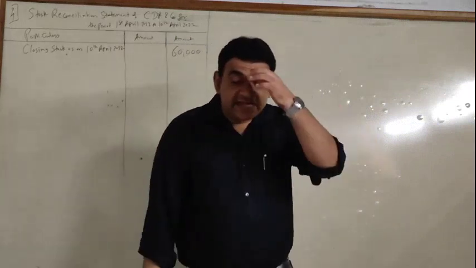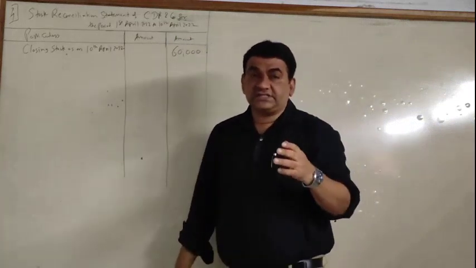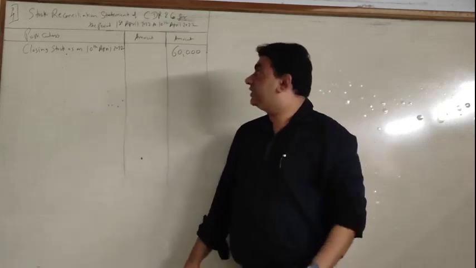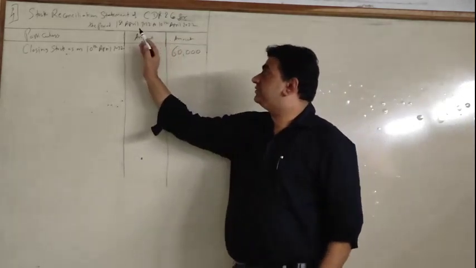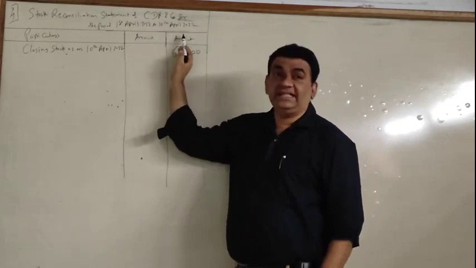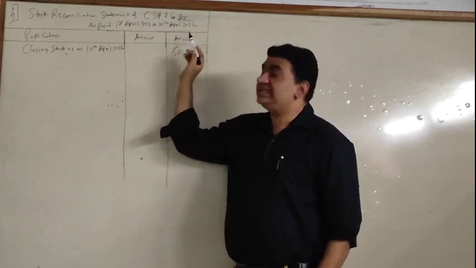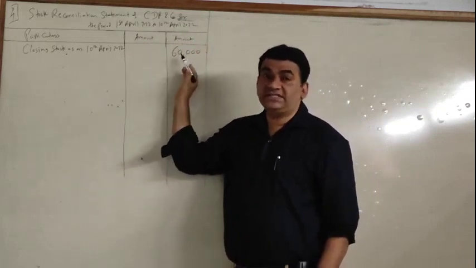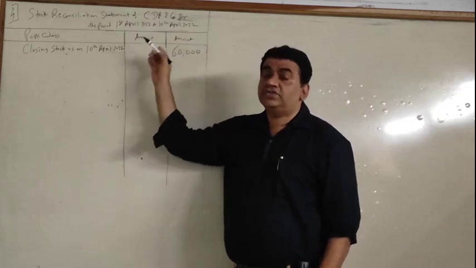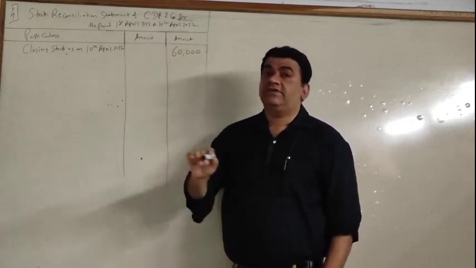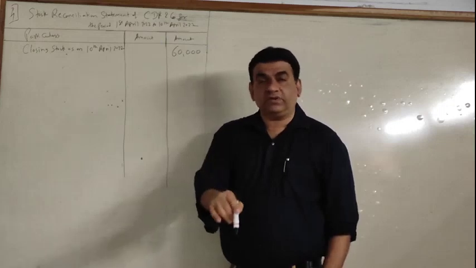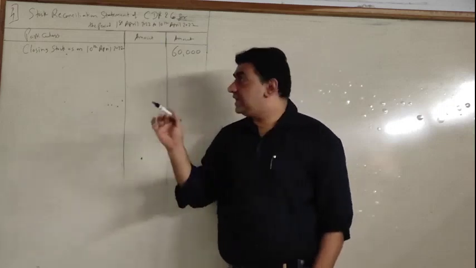As we discussed, purchases will be deducted because you have purchased from 1st April to 10th April. So that purchase is included in the 60,000. I want stock on 31st March where there was no purchase of this amount. So that will be deducted. We'll keep it pending.